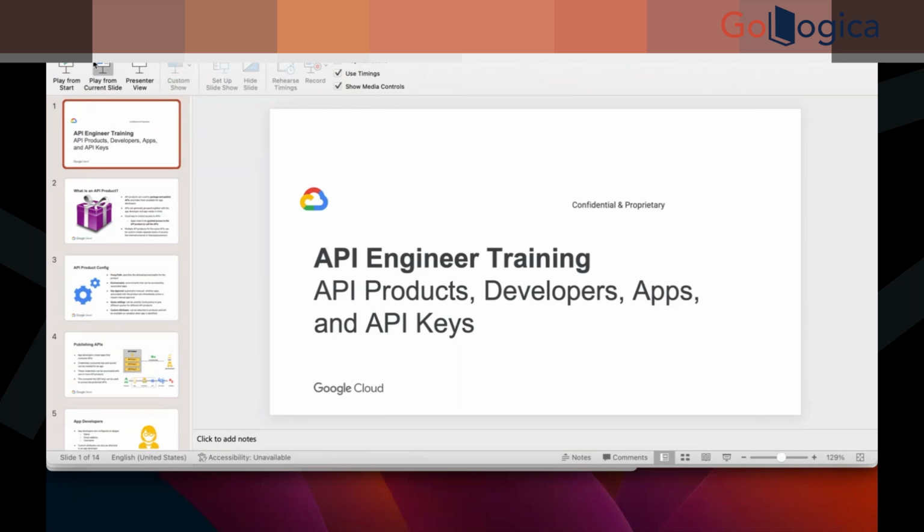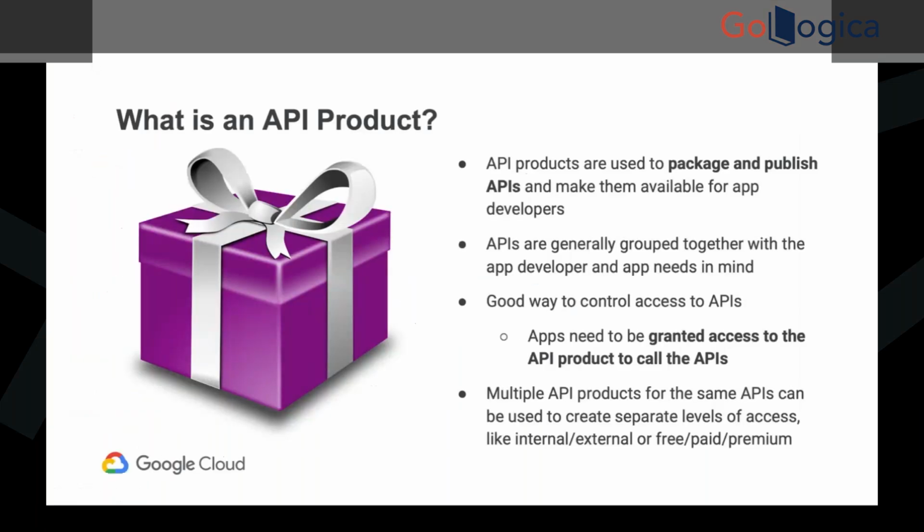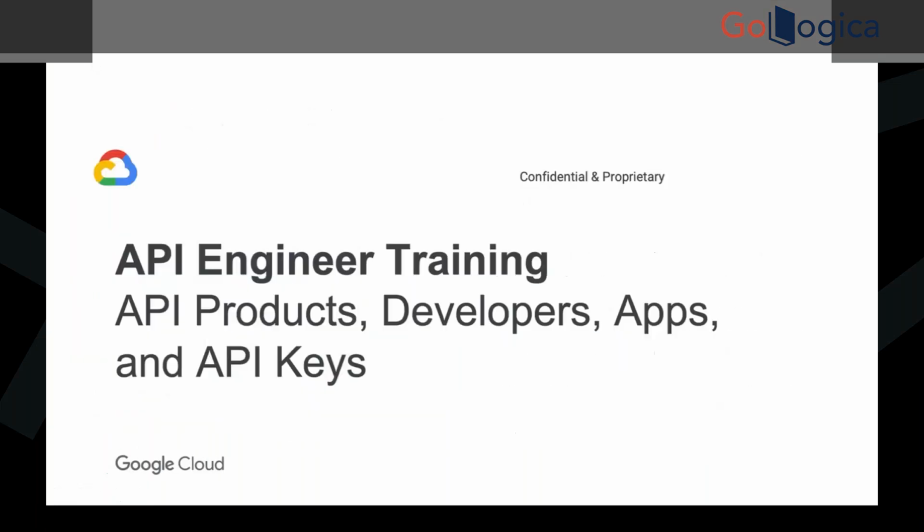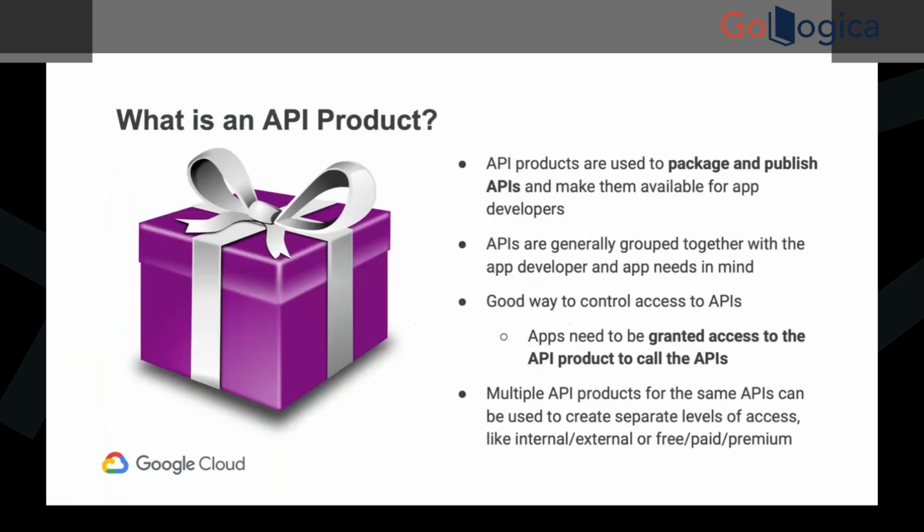Meanwhile, we are going to cover the concept of API product, developer apps, and API keys. When we publish an API, when we make an API available for consumption, APG allows us to do a grouping for the customer requirement.